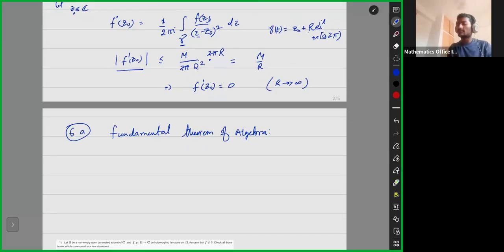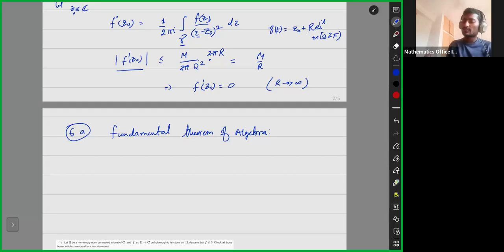The proof was clear: if a polynomial has no root, then 1 by p defines an entire function because it is branching nowhere. So we somehow show that 1 by p is constant, hence p is constant.